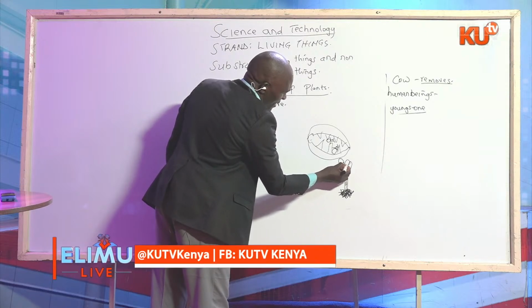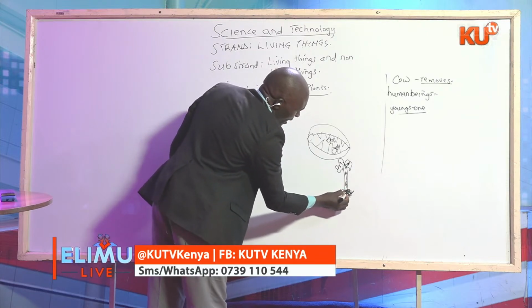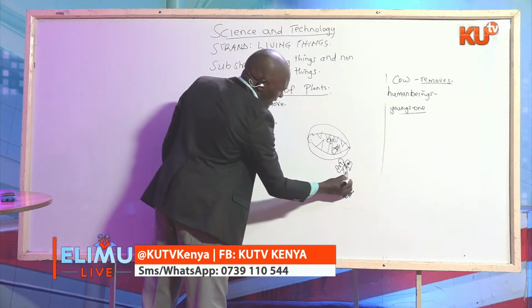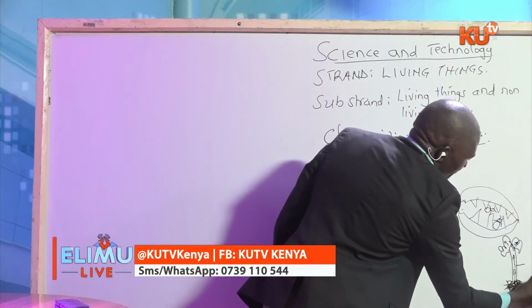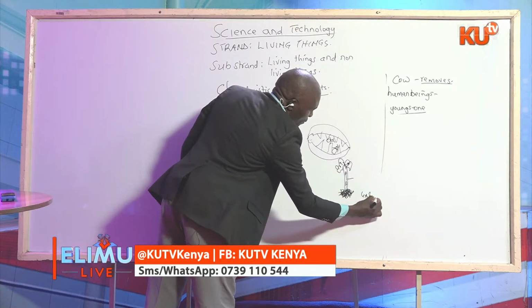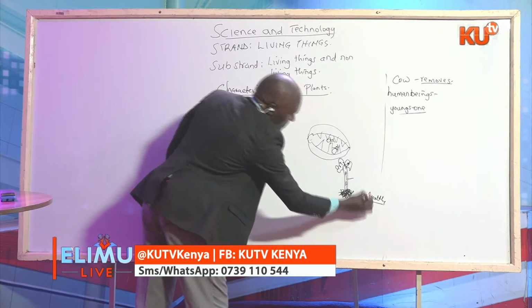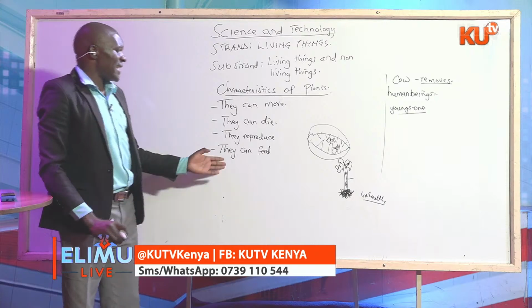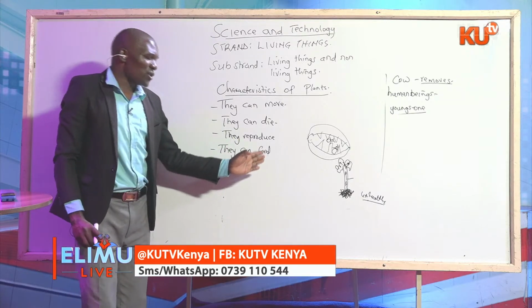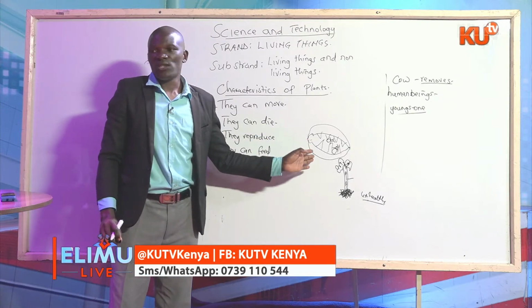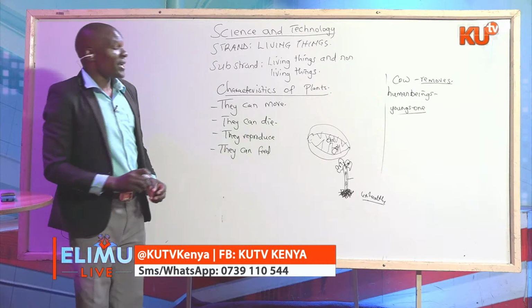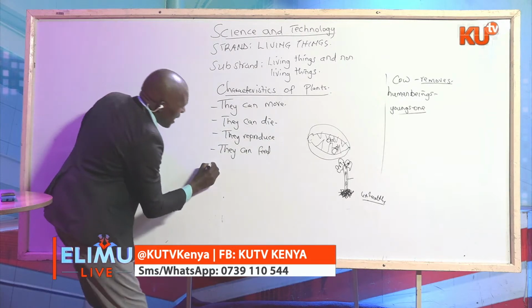Without this manure, your plant may be unhealthy if you do not treat it well. So when you hear us saying that plants can feed, know that they have the ability to feed.